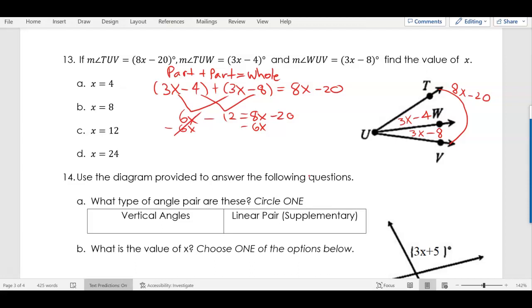Bring down the negative 12. That equals 8 minus 6, which is 2x. Bring down minus 20. Now we have a two-step equation. X is on the right, so the loner on the right is minus 20. The opposite is plus 20.